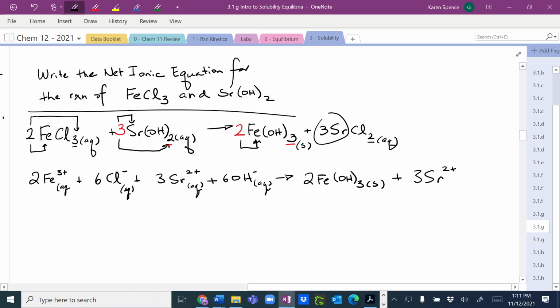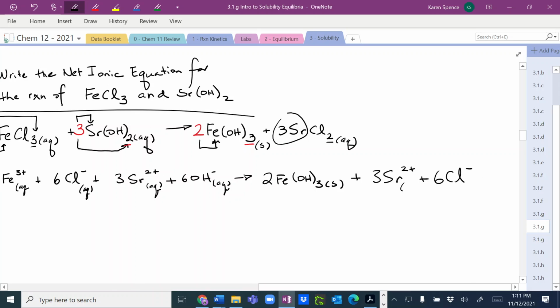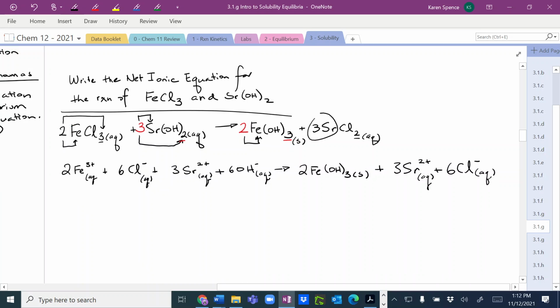And how many chlorides? 6. I feel like you guys have a better grasp on this than my morning block did, but maybe you're just not talking to me. That's okay. Anyway, that looks good. What format is this? What equation is this called? This is our complete ionic equation.